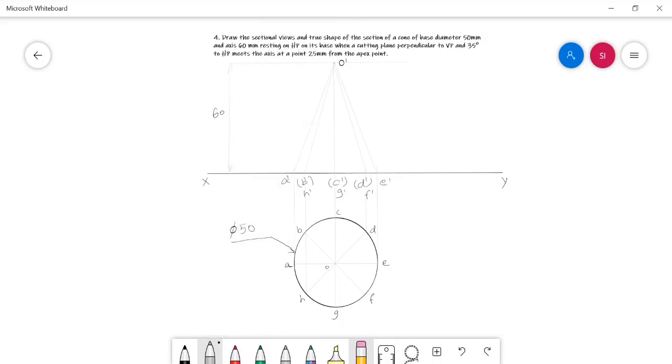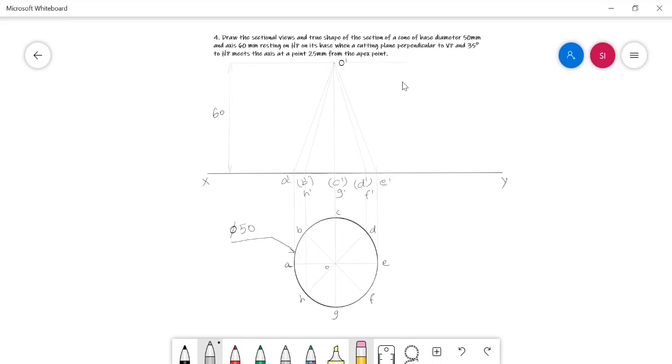Now the lateral portion of the solid is also drawn, and now we have to concentrate on the cutting plane. The cutting plane given in this problem is perpendicular to VP and 35 degree to HP, and meets the axis at a point 25 mm from the apex point.